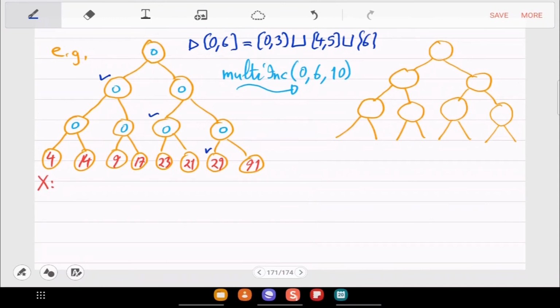We'll give the pseudocode, but you can see how we found 0 to 3, 4 to 5, 6 by doing a search in this tree. We went left from the root so that we hit 0 to 3, and then for 4 to 5 we went right and then left, and for 6 we went right, right and left.